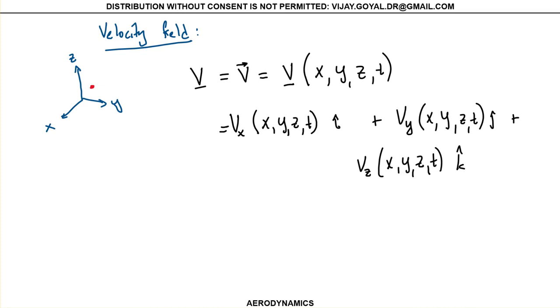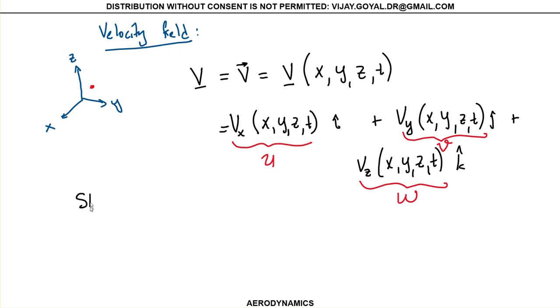Conveniently, we typically call this component u, we call this one v, and we call this one w. Okay.